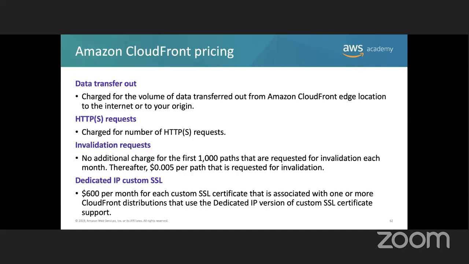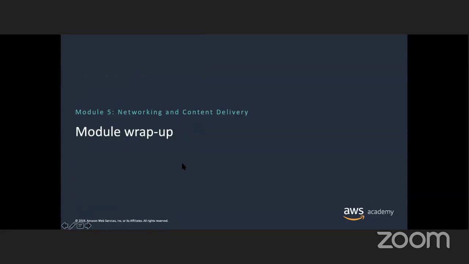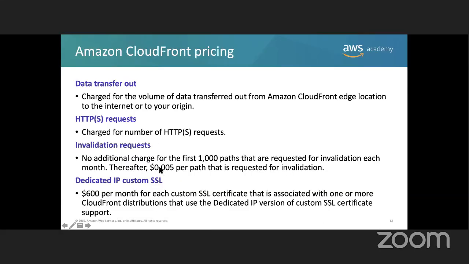But you can see the first 1,000 paths are just free. And thereafter, look at the price. 0.005 per path. Okay, that's not that bad. I was freaking out. I was like, oh my Lord. No. AWS is super cheap compared to other providers.